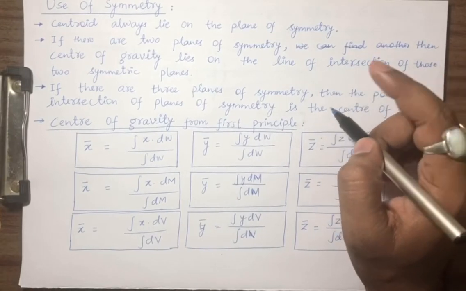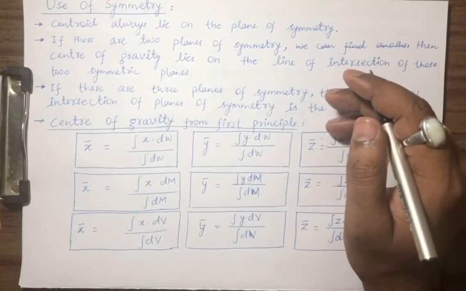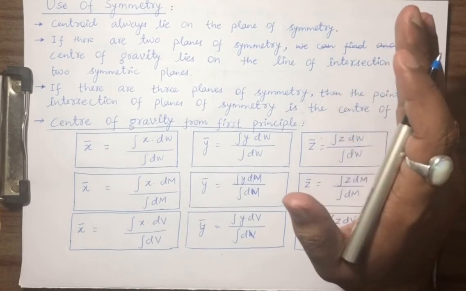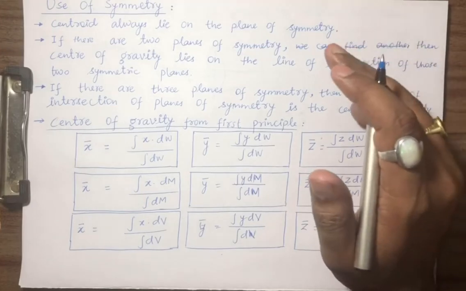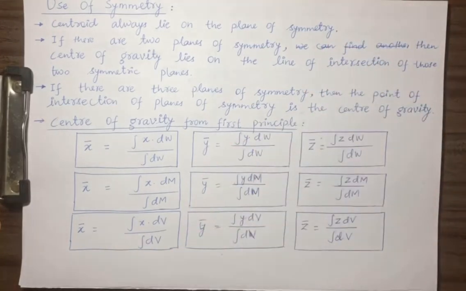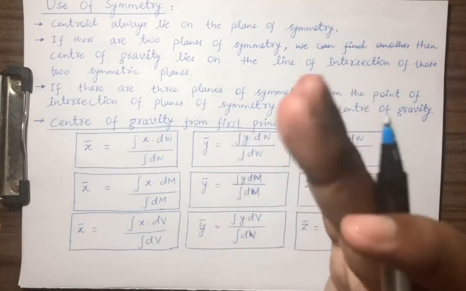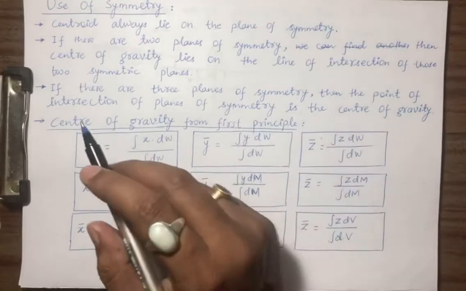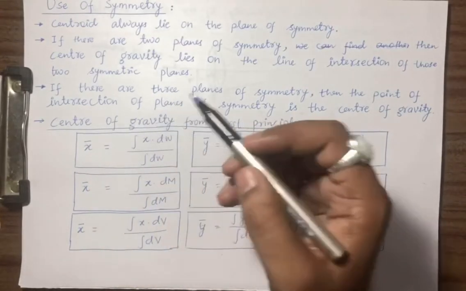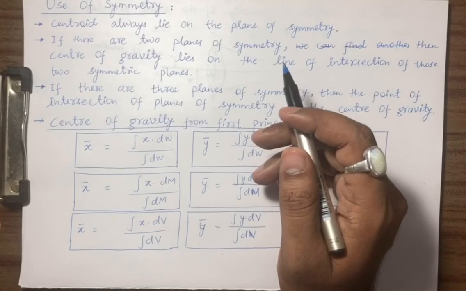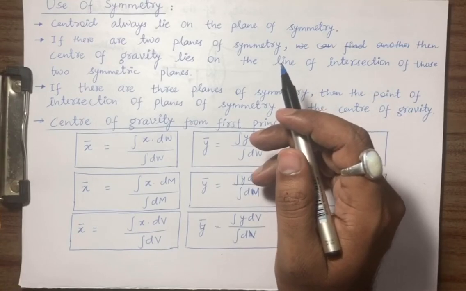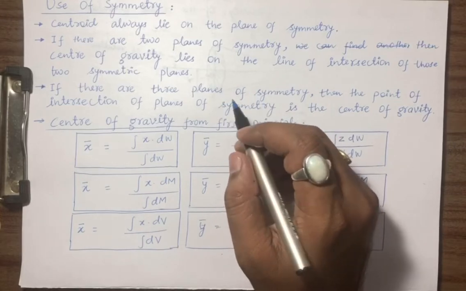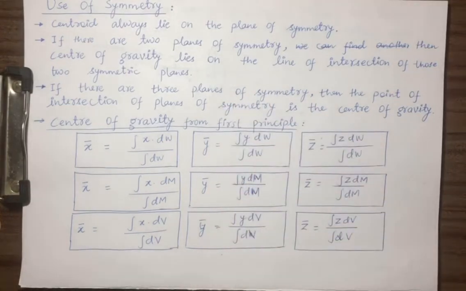But if a body has two, like a circle, a square or a rectangle, then the intersection point of the two planes of symmetry will be the center of gravity. Same way, for 3D bodies like a sphere or a cuboid with three planes of symmetry, the centroid will be the intersection point of these three planes.